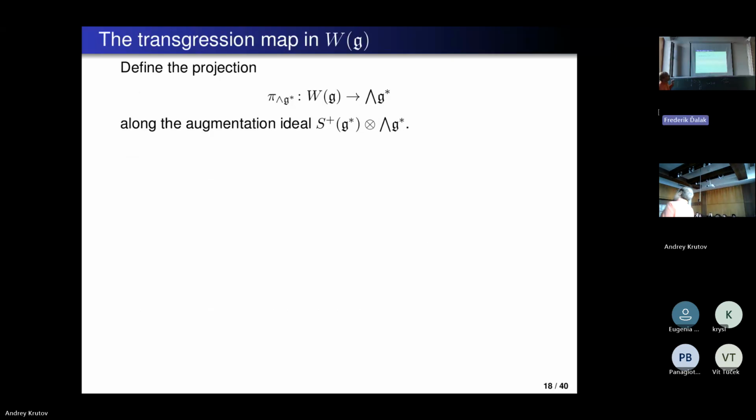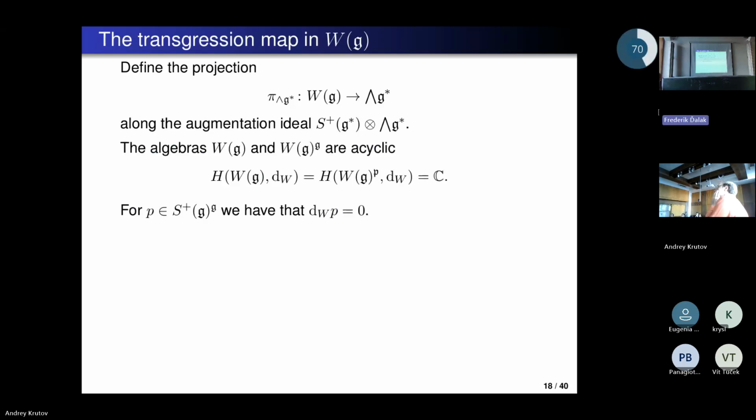We can define the projection along the augmentation ideal of the symmetric algebra, which will allow us to define the transgression map in the following manner. Using some homotopy methods, you can actually explicitly construct the homotopy and compute these cohomologies. You see that it's acyclic, and because the differential is equivariant with respect to the action of G, you know that the cohomology class is given exactly by the constants embedded there.